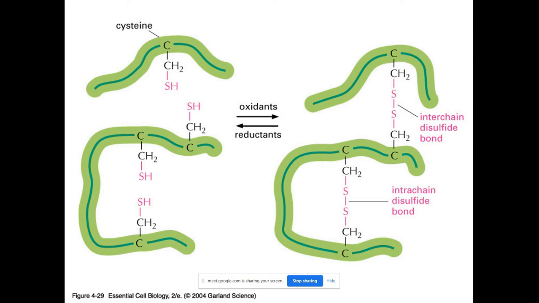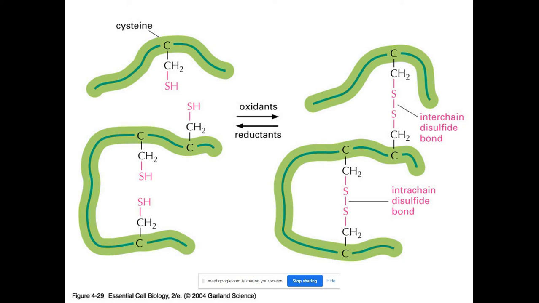So clearly you can see the bond formation. In the upper panel you can see disulfide bond formation between two different polypeptide chains, that is called interchain disulfide bond.